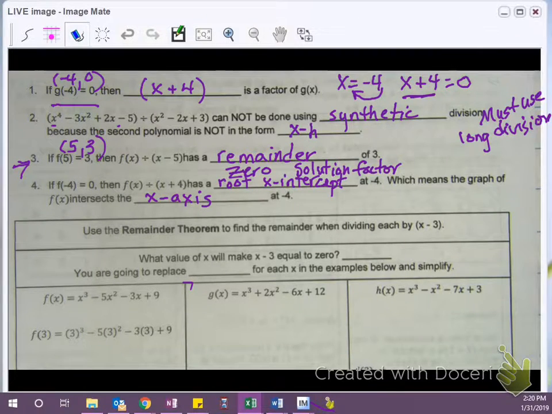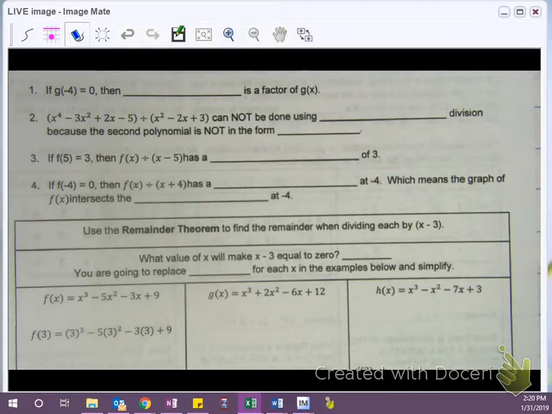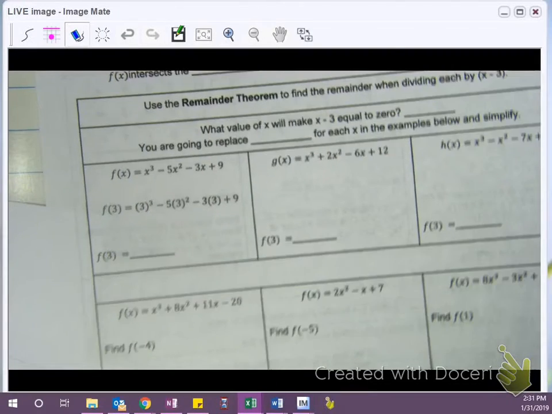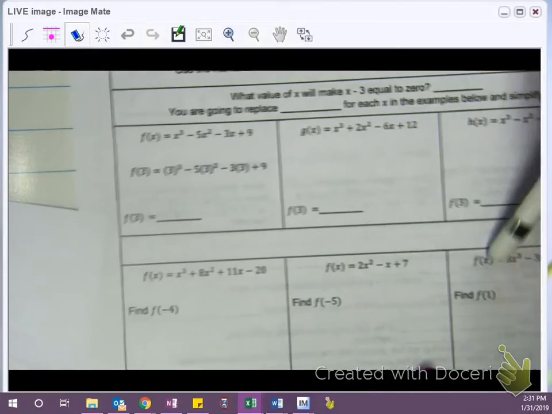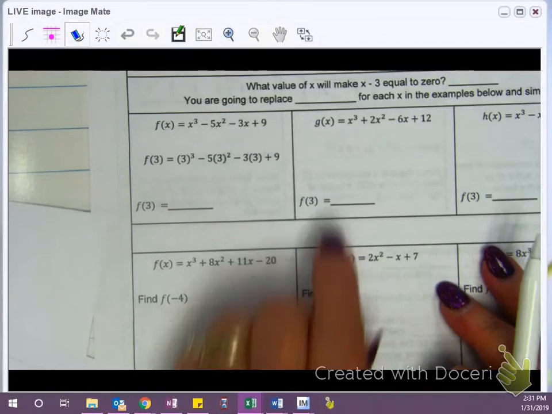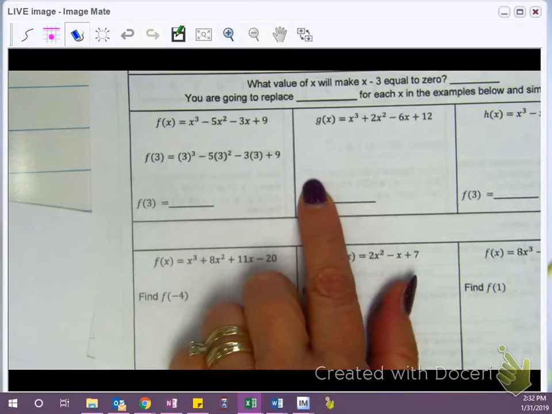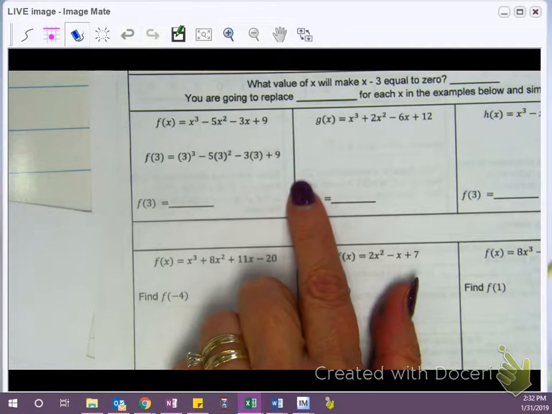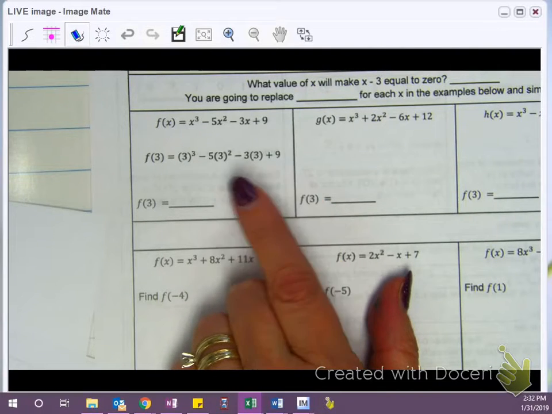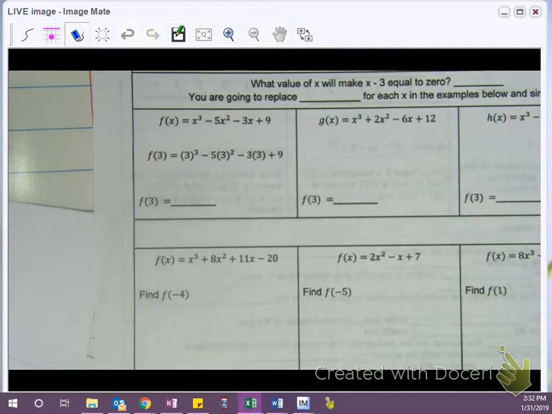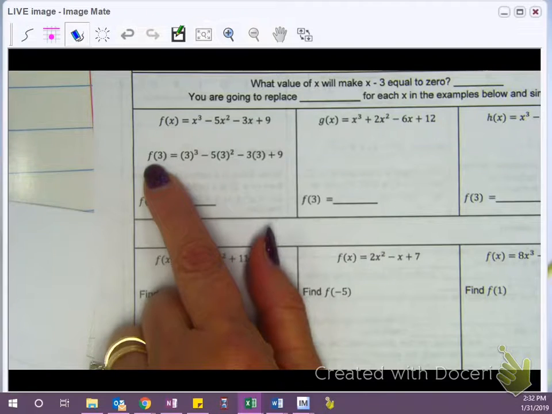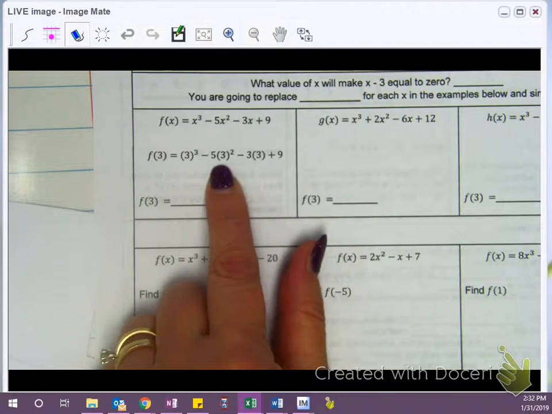Okay, so is it safe to assume now that if you see something like this, f of 3, right here, that you can plug in the 3 and do the math?